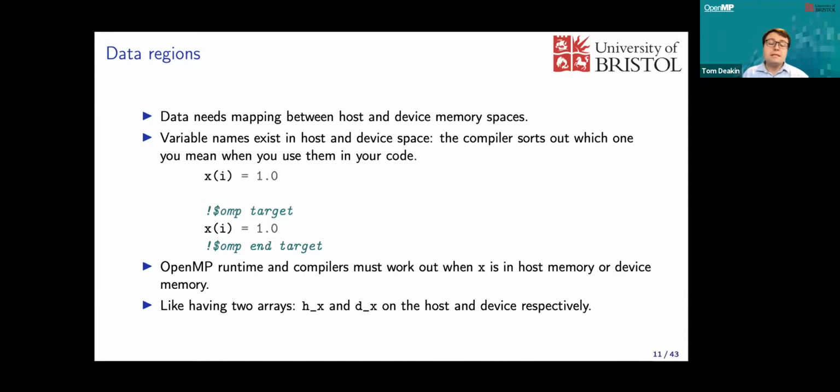So it's left up to the OpenMP runtime to work out when x is in host memory or when it's in device memory. So really, this is like having two separate arrays, the host x and the device x. But we don't have to have these two copies explicitly in our code. It's just all wrapped up into the model that we're buying into with the OpenMP target offload.